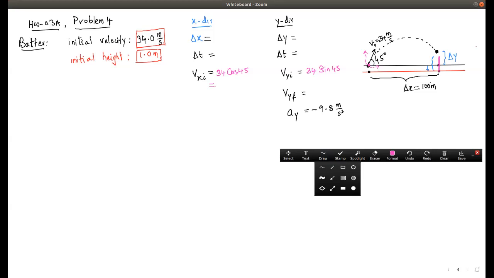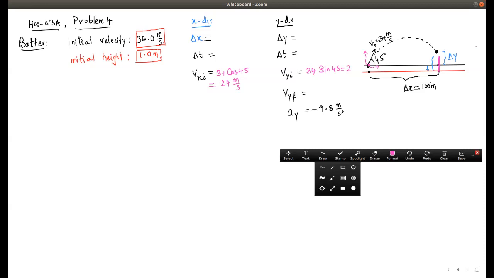So it's 34 times cosine 45, it is 24 meters per second. Two significant digits. And Vy initial will also be exactly the same because sine 45 and cosine 45 are the same, but in another context where this angle would have been different, these two numbers could have changed.